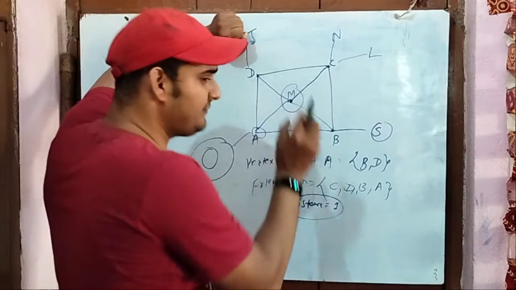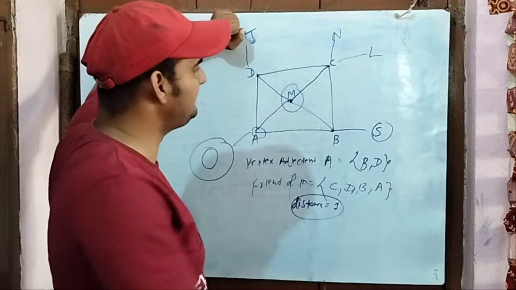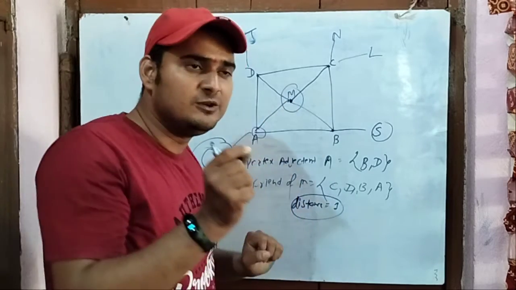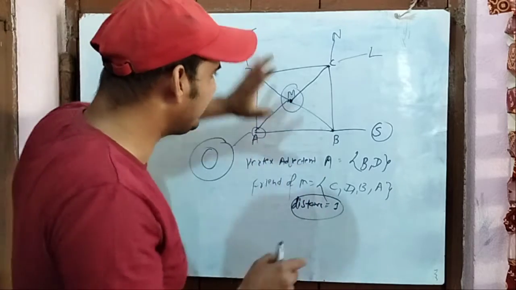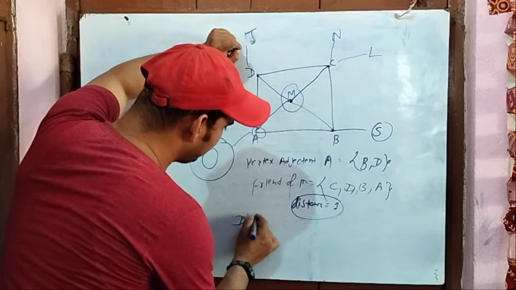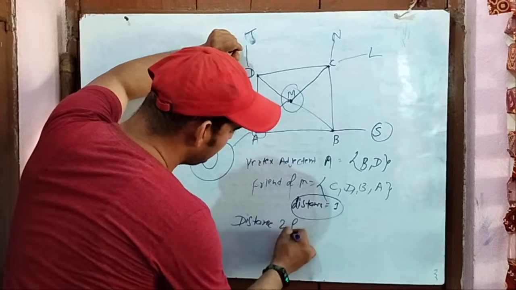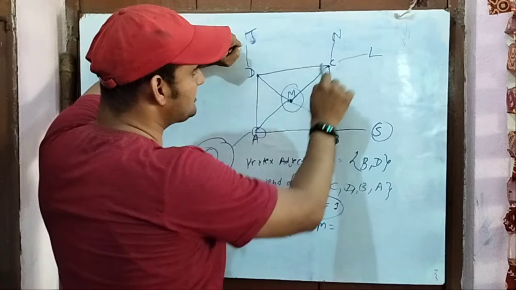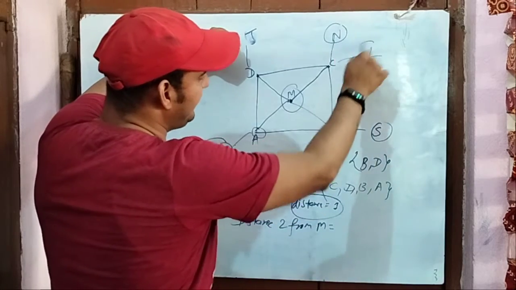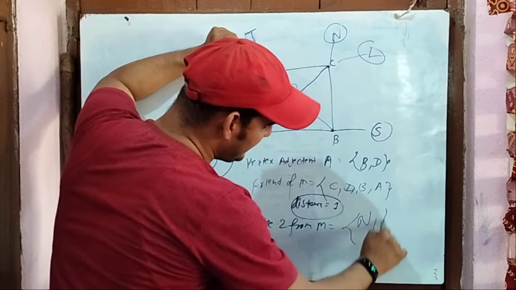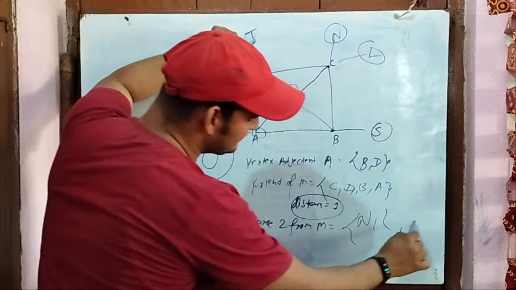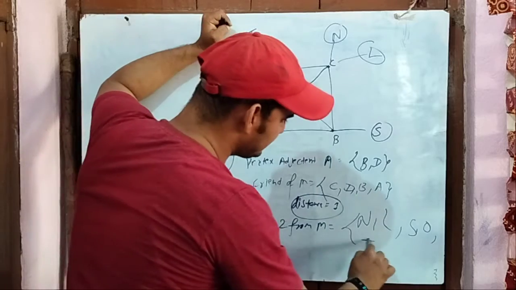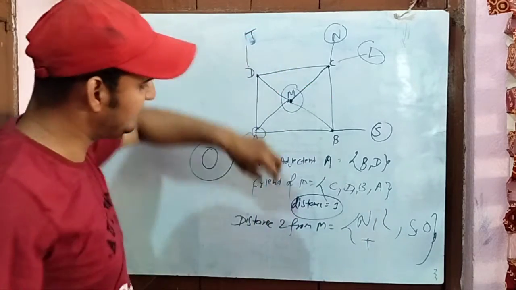Let's suppose Facebook wants to send friend suggestions for the person M. It will search for all the vertices which are at distance 2 from M. From the figure, C is at distance 1, and N and L are beyond it. On this side S is there, on this side O is there, and on this side T is there. These are the vertices at distance 2 from M.